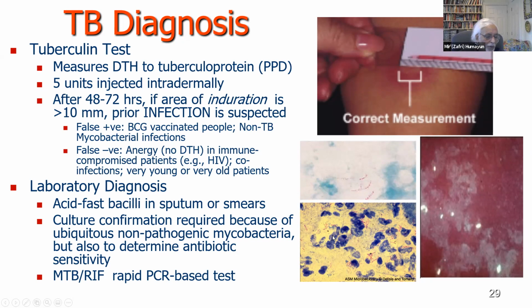However, we mentioned before that there are many mycobacterial species which do not cause TB disease, which are environmental in nature, right? So it is necessary for culture confirmation to make sure that it is Mycobacterium tuberculosis and also to determine whether there is any antibiotic resistance so that you can come up with a regimen for treatment. Okay. Now, these are the classical methods, right?